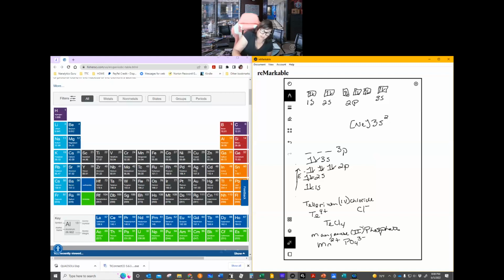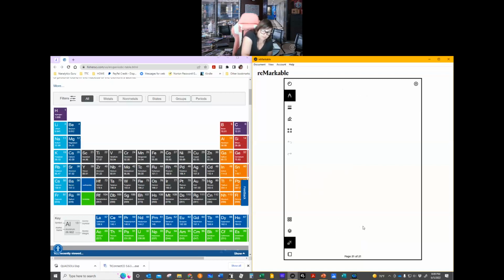I have to cross multiply, so it's going to be Mn3 PO4 2. So I had to get the 2 down here and the 3 down there. So it's Mn3(PO4)2. All right, that's that. Let's go ahead and move over and we'll talk about zinc(I) nitrate.